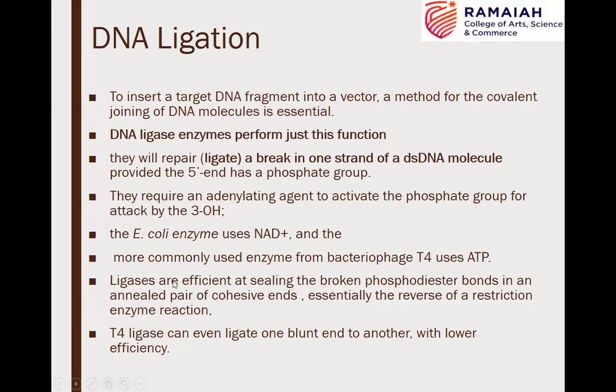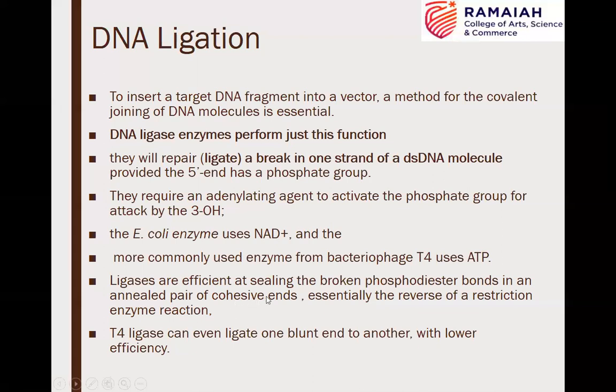And in general, these ligases are very efficient at sealing the broken phosphodiester bonds in the case of an annealed pair of cohesive ends. Yesterday we discussed the different types of restriction fragments produced by these restriction enzymes. It can be single-stranded overhangs, either 5' overhang or 3' overhang, or sometimes it can be blunt-ended fragments.